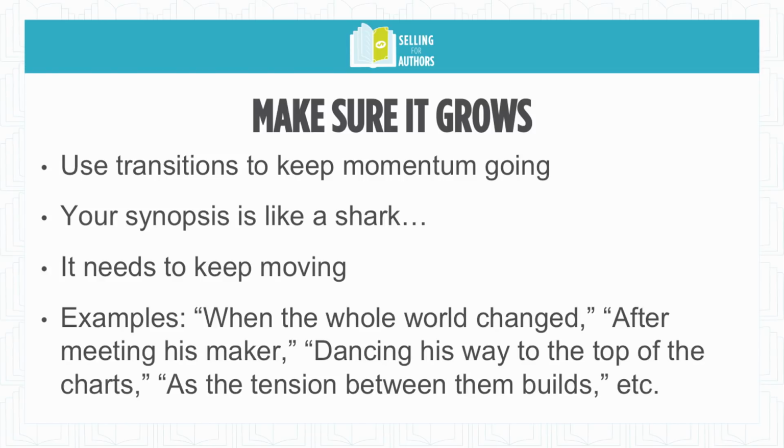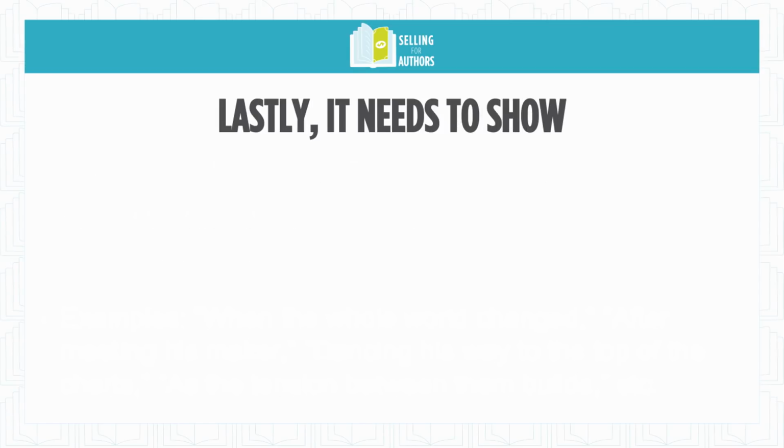So here are some examples of transitional phrases using words like when, after, gerunds like dancing, or words like as. So when the whole world changed, after meeting his maker, dancing his way to the top of the charts, as the tension between them builds. So we're growing that energy by putting these at the front end of sentences in order to just keep that energy going. And lastly, it needs to show.